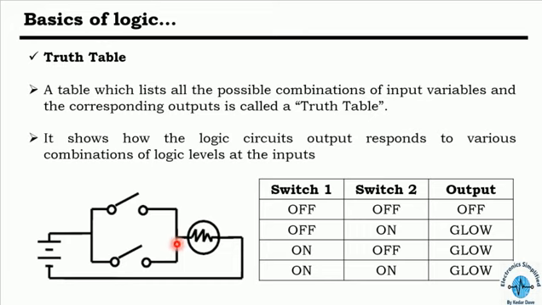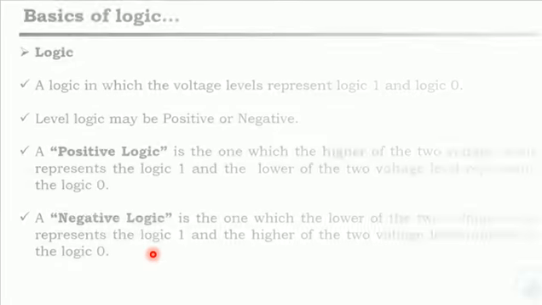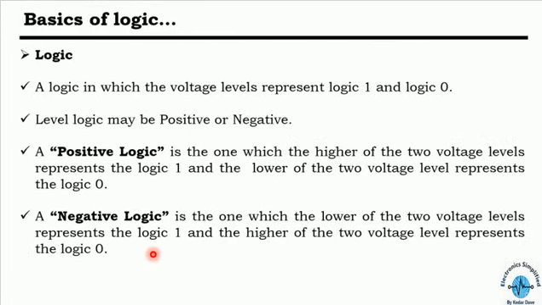Now we can talk about the logic. What do we exactly mean by logic? The basis of logic must be the 1 or 0 condition that we know very well. Level logic may be positive or negative. Positive logic is the one in which the higher of the two voltage levels represents the logic 1, and the lower of the two voltage levels represents the logic 0.